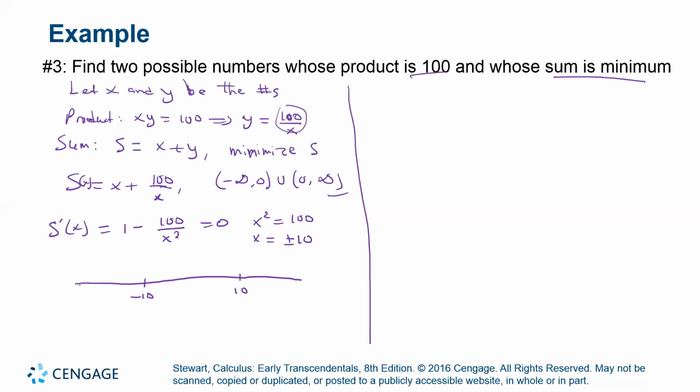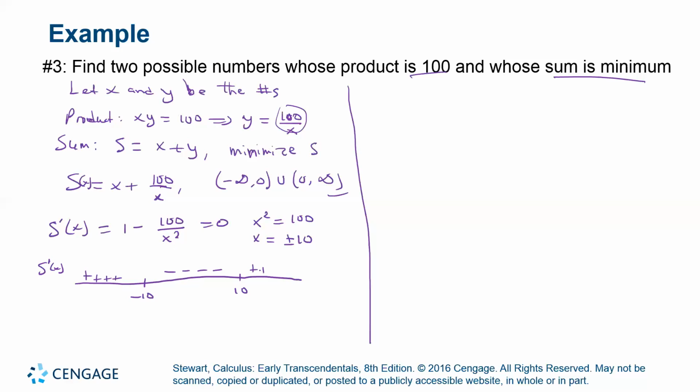So if you test the interval, if x is negative, say negative 11, you will get 1 minus 100 divided by negative 11 squared, which is 121. That is less than 1, so this should be positive. By the way, this is the graph for S prime of x. And then in between, I cannot use 0, I can use 1. 1 minus 100 over 1 is negative 99.